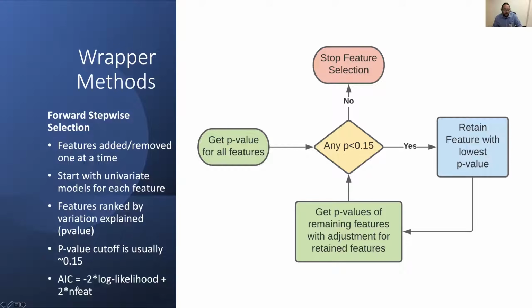Another way that people have gotten this to not cycle so many times is to penalize the number of features. So instead of using the strict p-value, often you use what's called the Akaike information criterion. So that p-value, that's this log likelihood. And like a p-value, lower is better, right?